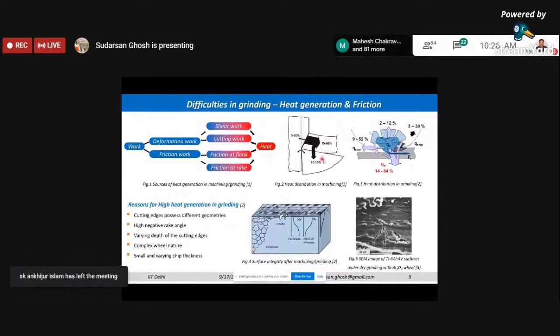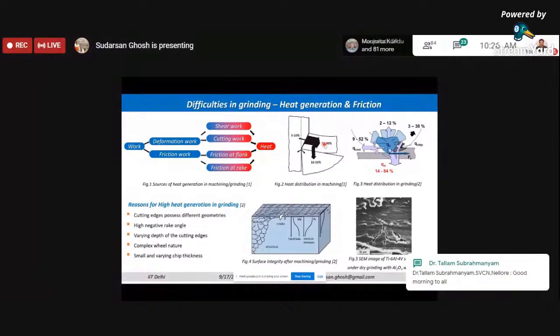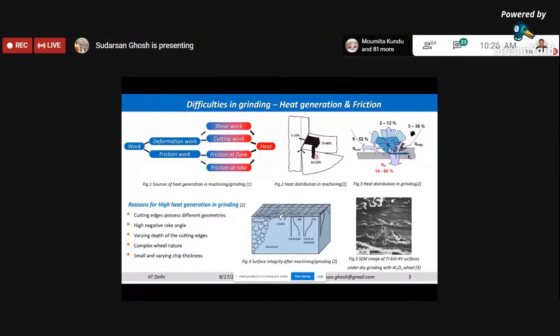So this chip actually carries away almost around 80% of the heat which is produced. Only around 10% of the heat goes into the workpiece and the remaining 10% goes to the tool. So basically in the machining process, the chip is carrying away the maximum amount of heat. So that in one way is better.